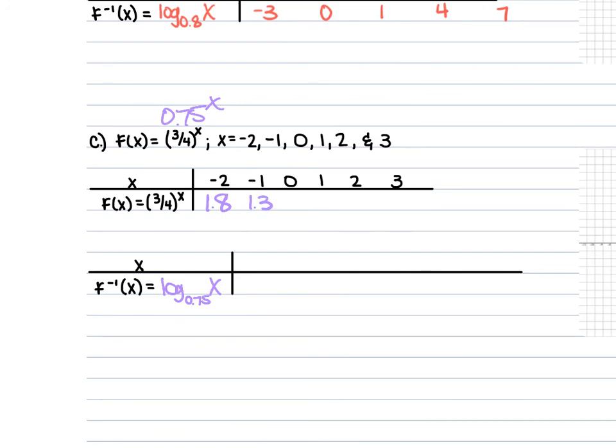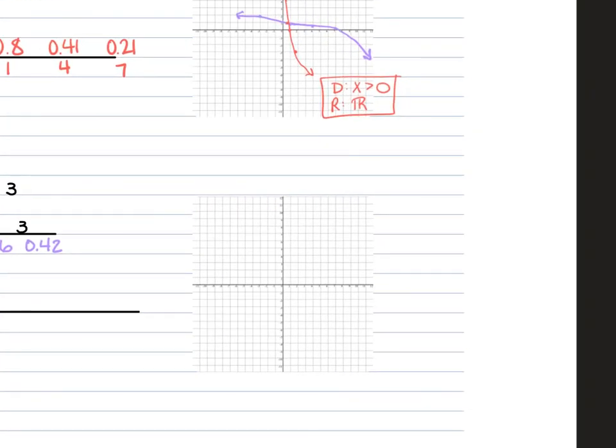3/4 to the power of 0 is 1. 3/4 to the power of 1 is 0.75. 3/4 to the power of 2 is 0.56. And 3/4 to the power of 3 is 0.42. Oops, 42, not 49. So if we take the inverse of this, switch the values, we can graph this right now as well, if you wanted to.